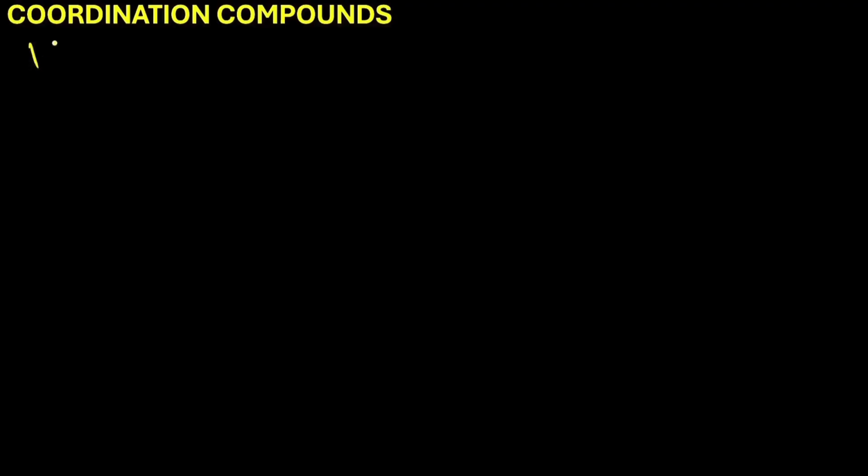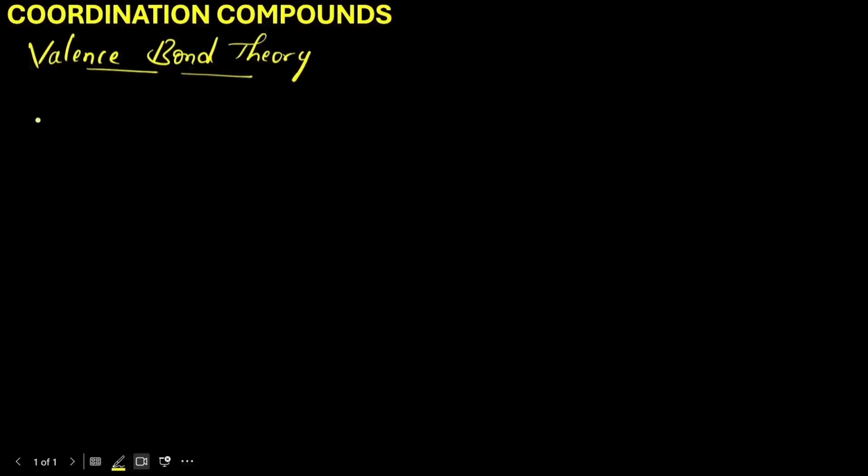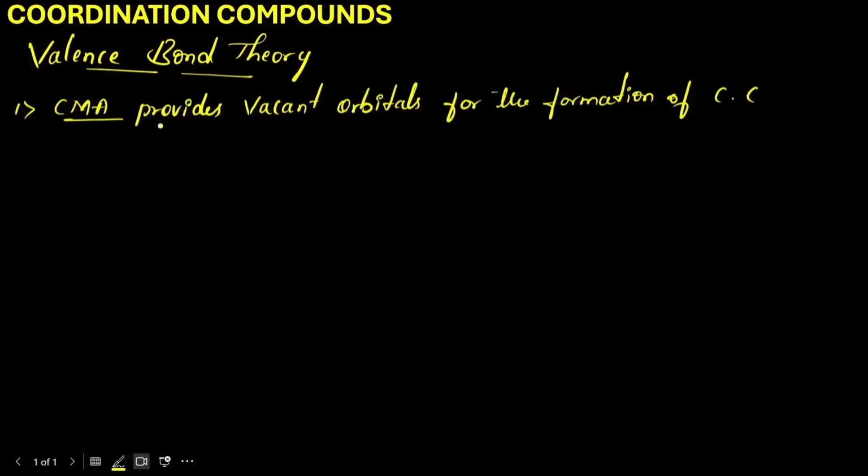Coming to valence bond theory. The valence bond theory for the formation of coordination compounds is based on the following assumptions. We will see what are those one by one. First, the central metal atom provides vacant d orbitals for the formation of coordination compounds.